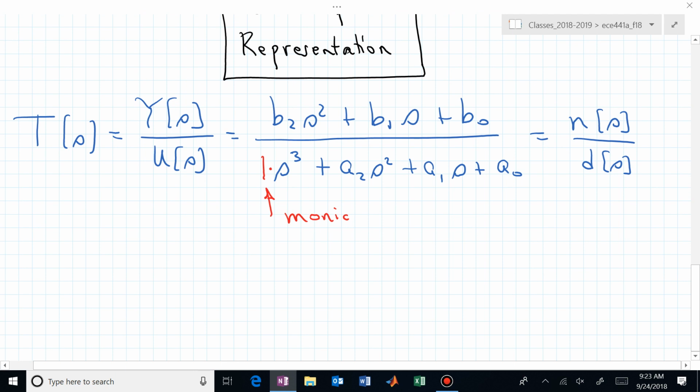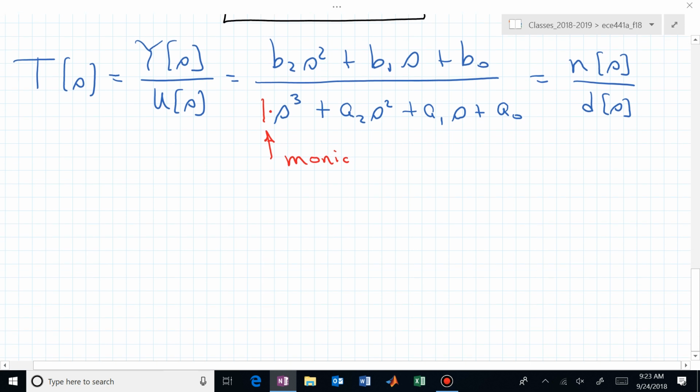Proper transfer function means the degree of the numerator equals the degree of the denominator. Strictly proper means that the denominator degree is bigger than the numerator degree. So this is actually strictly proper, that's in the form that's easiest to work with.